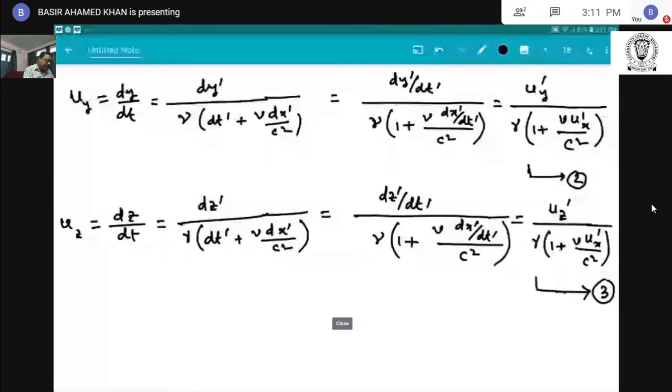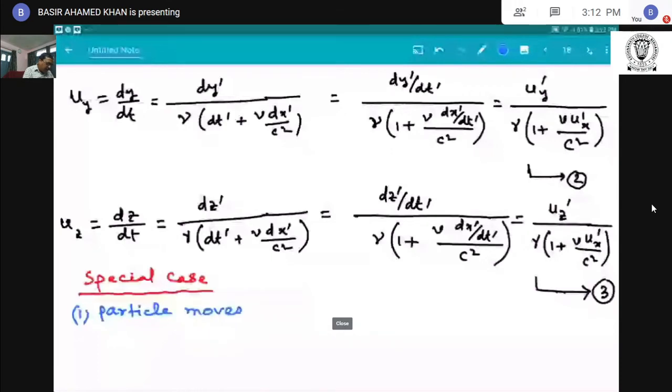Now special case 1. When the particle moves along the x-axis, that is ux dash equal to u dash, uy dash equal to 0 and uz dash equal to 0.